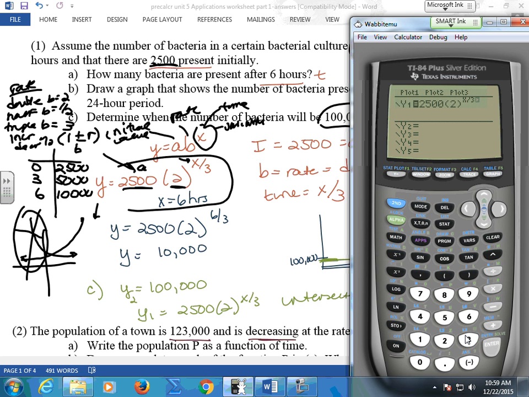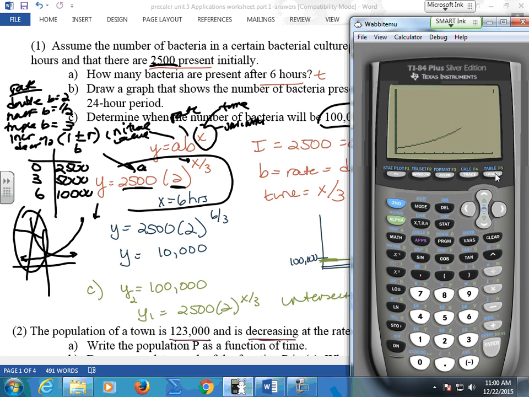I'm going to get a lot of bacteria here if it keeps doubling every 3 hours. So in my window, I don't want to set my X max to 100. Maybe I just want to set it to 10 right now. And my Y max is what I'm looking at. If I started at 2,500 and I could see after 6 hours I'm 10,000, maybe make this 30,000. See where we go with this. See what it is you're graphing.